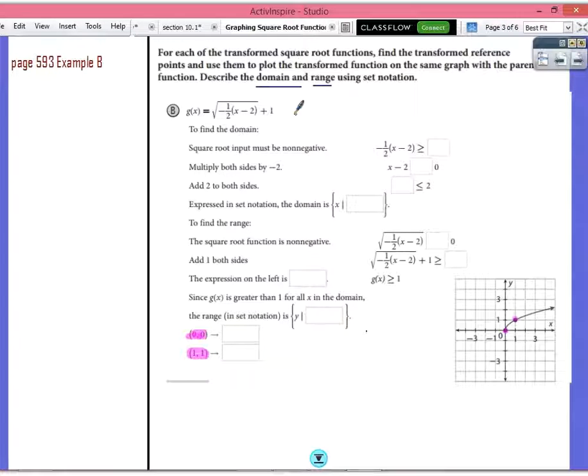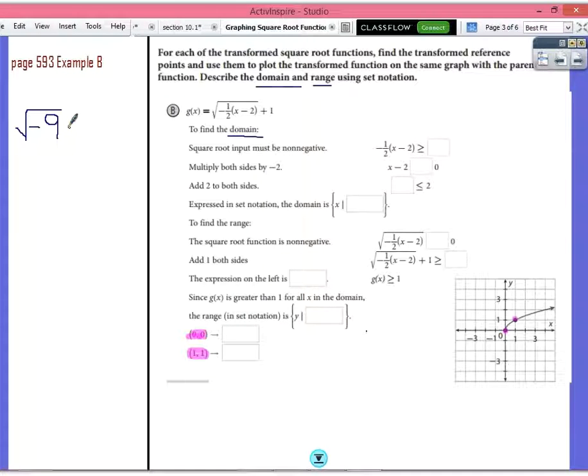Okay, so first thing that we have to do is we're going to start with the domain. Now, what we have to realize about square roots when we're only using real numbers is that we cannot take the square root of a negative number. The reason why is because there is not a number that multiplies by itself that equals -9.